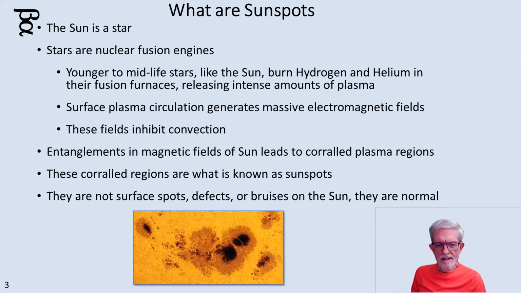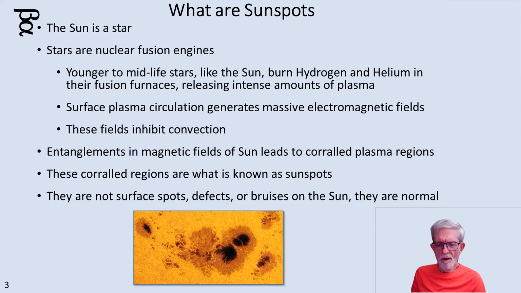This circulating plasma generates massive electromagnetic fields because plasma is ionized. These fields inhibit convection, so they hold things in. When a couple of these fields get together and entangle upon one another, the lack of convection can actually cool down an area of the sun.